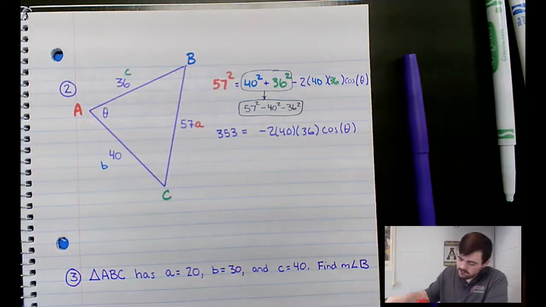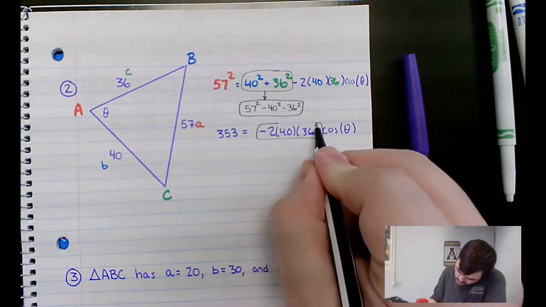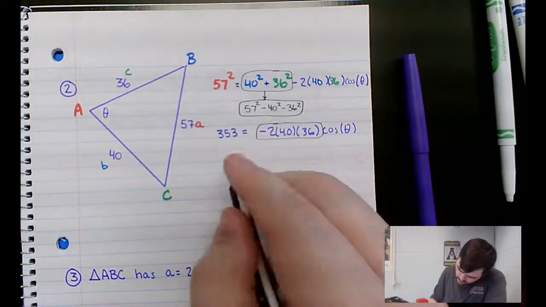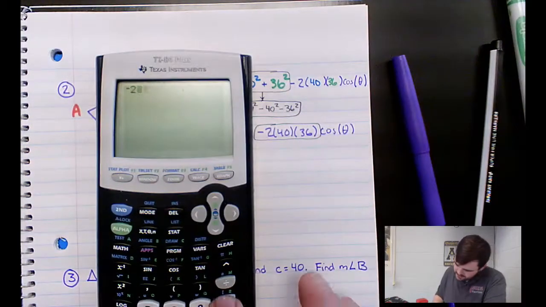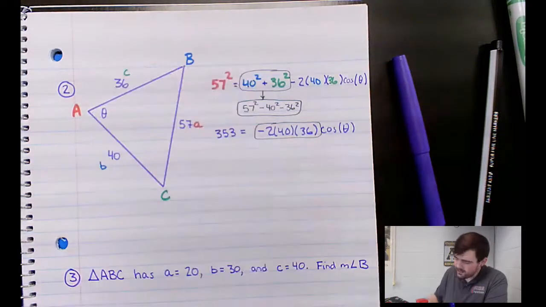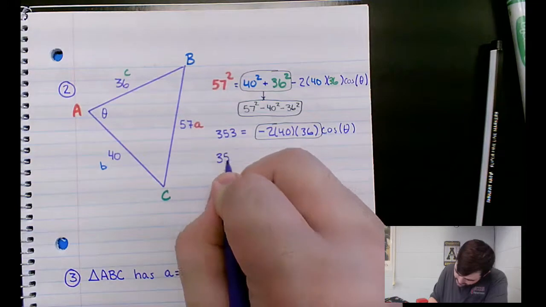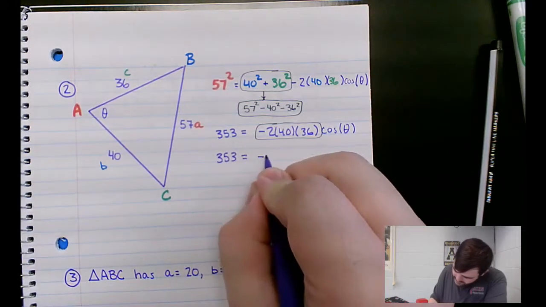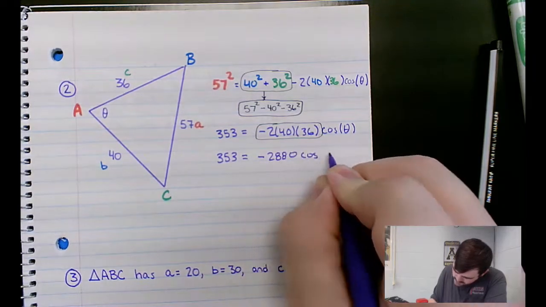Now I'm going to multiply all this out, negative 2 times 40 times 36, to get negative 2880. So 353 equals negative 2880 cosine of theta.